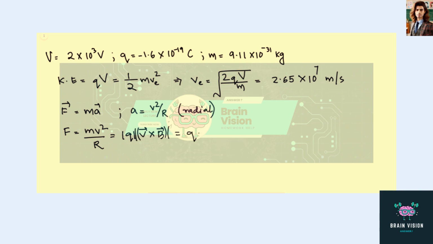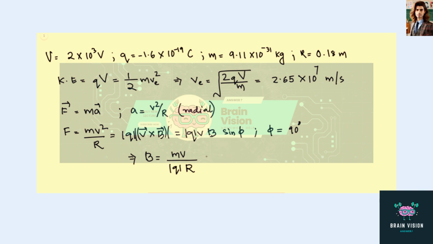So this is equal to q times v sine phi, and here phi is 90 degrees because the velocity and magnetic field are perpendicular here. So this gives the magnetic field to be equal to mass times velocity over the magnitude of charge times the radius, and the radius is given to be 0.18 meter.